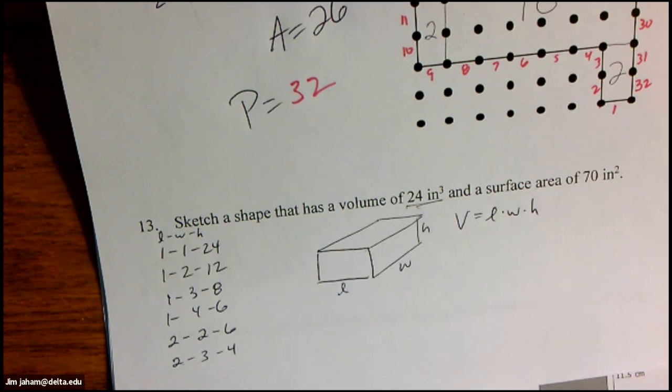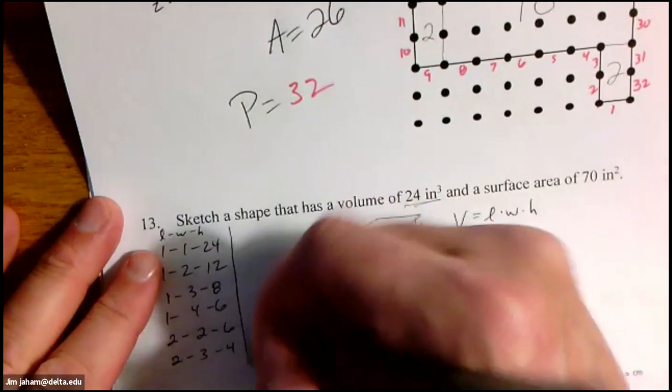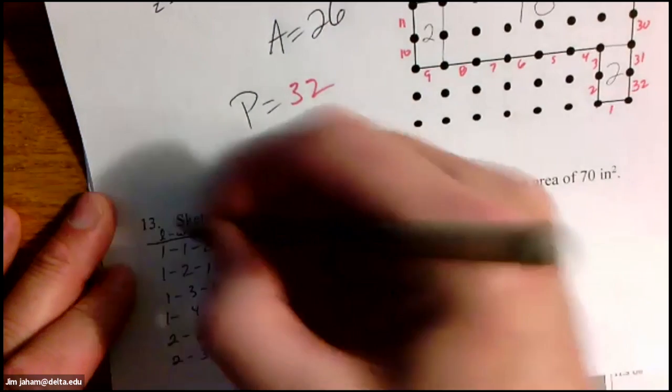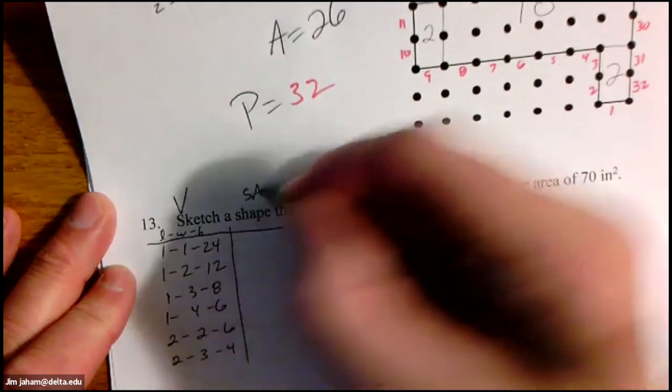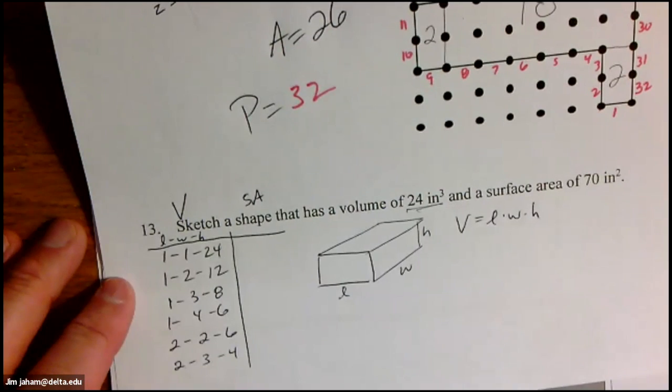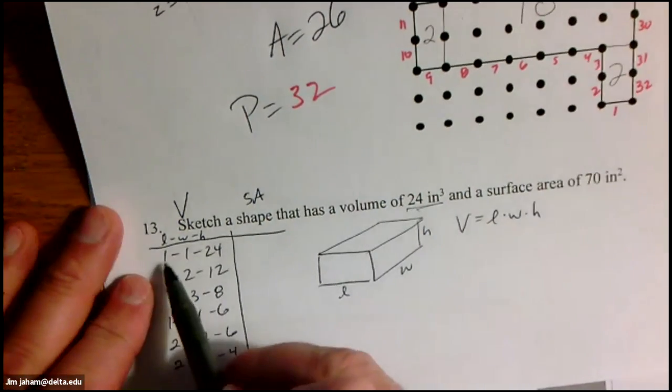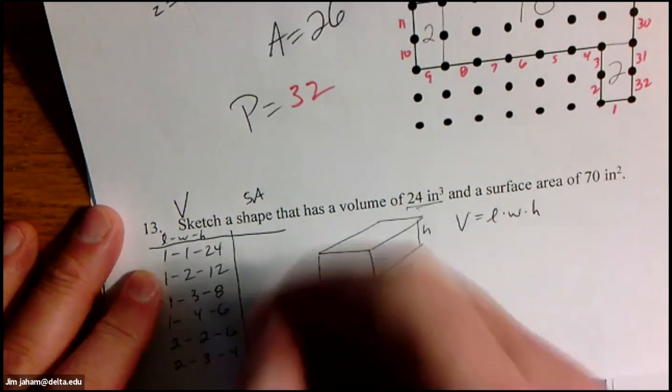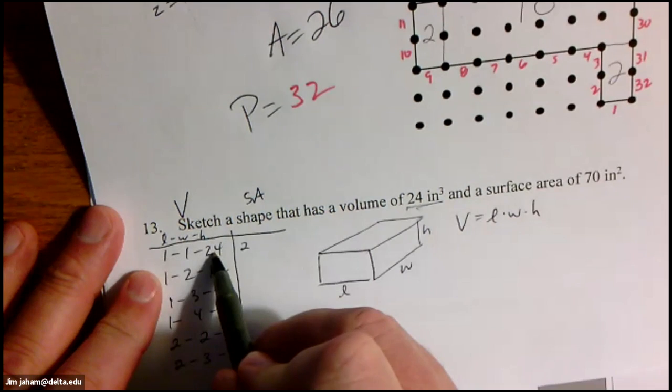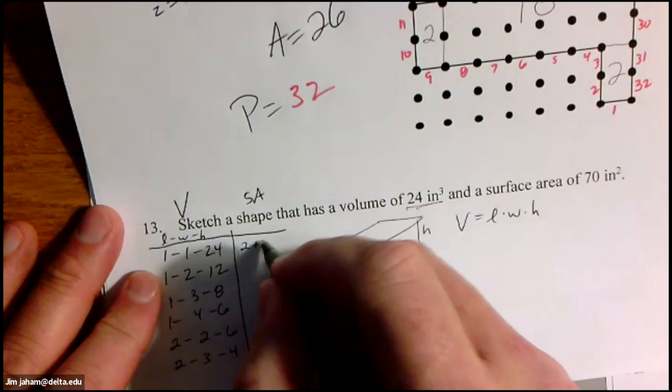The volume is 24 on all of these, and then I just calculate the surface area for each one of these and figure out which one. So this is the volume, and this is the surface area. So this times this is 1 times 2 is 2. This times this is 24 times 2.